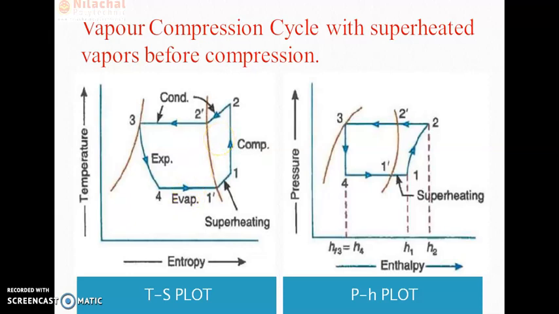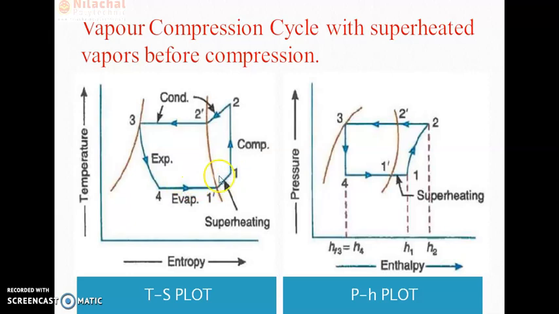So let's start from the evaporator. Here in this cycle the heat is extracted in two stages: firstly from 4 to 1 dash, and then from 1 dash to 1.